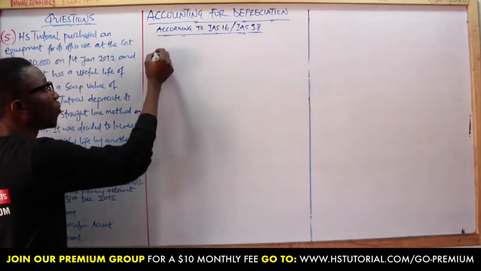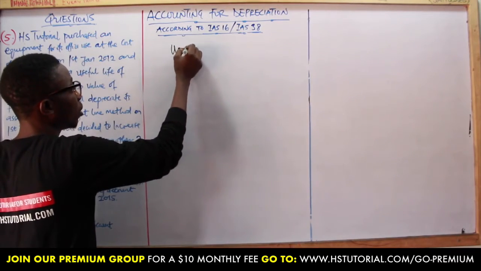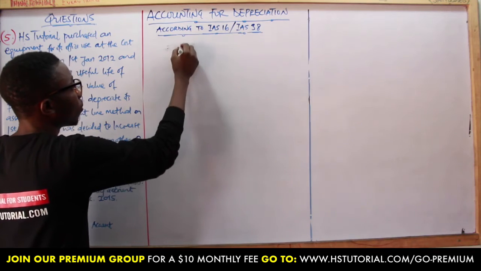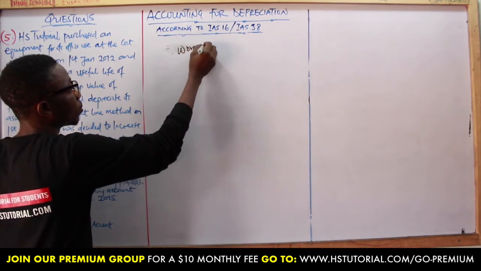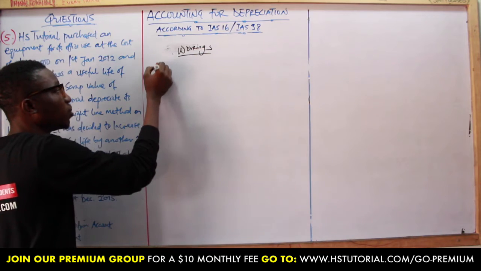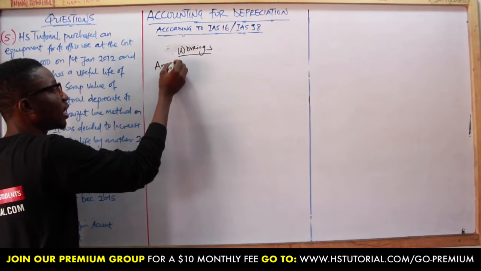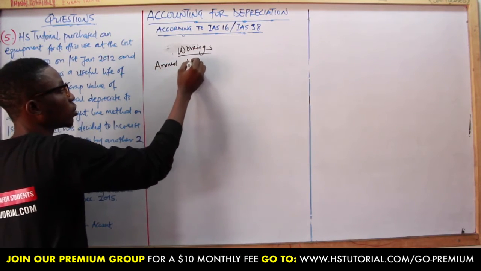So what you will have to first of all get in your workings is the annual depreciation for the first 3 years.